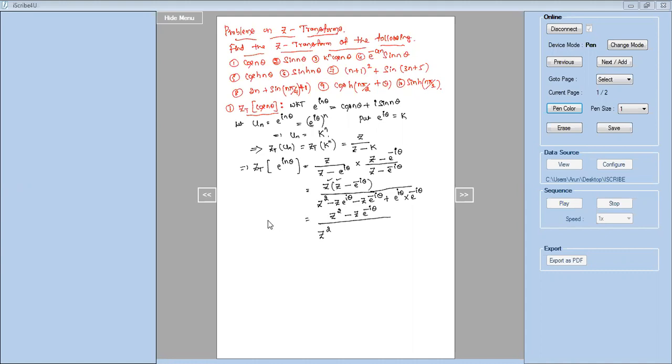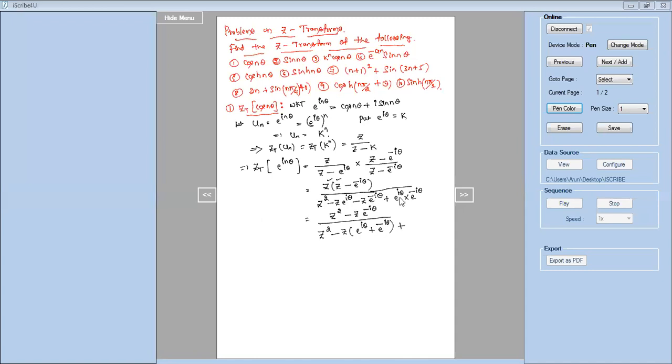If I take minus z common, this becomes e power I theta plus e power minus I theta, right? I'm taking minus z common. So it is e power I theta plus e power minus I theta, plus the last term.